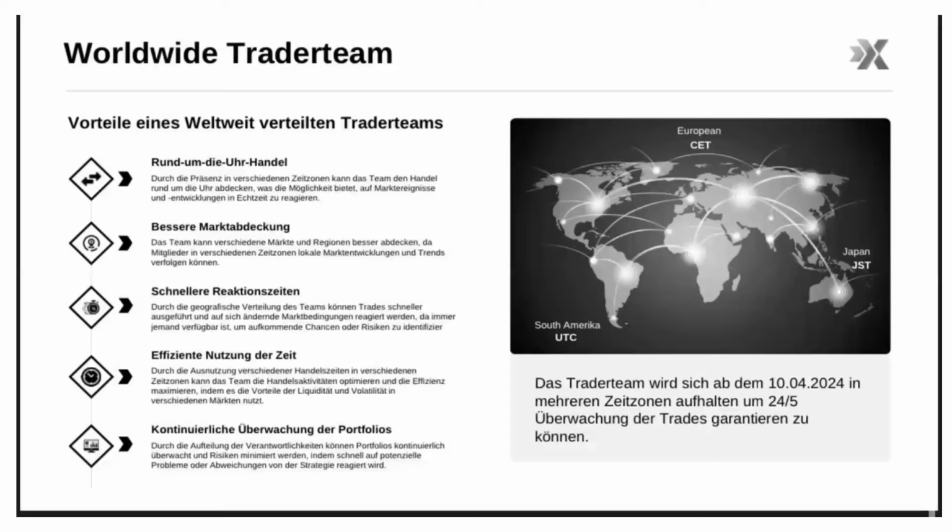And to continuously have the best risk management, there are certain things in place, which unfortunately I only have on a German slide here, but it will be translated into English as soon as possible. But technically I can explain it to you. There's a worldwide trader team, which means the traders are strategically placed time zone wise.